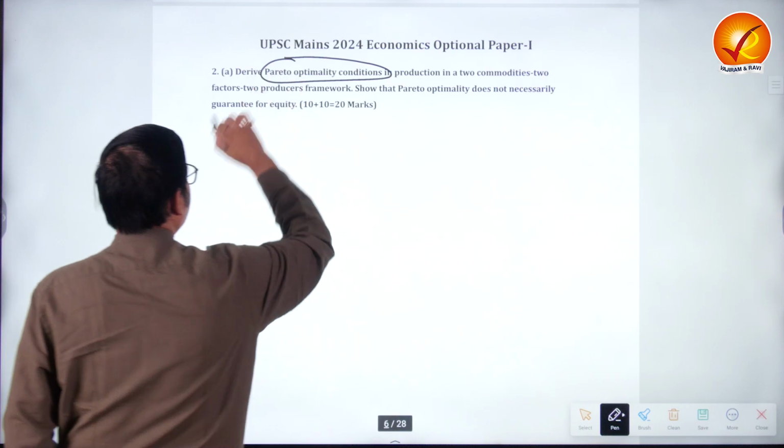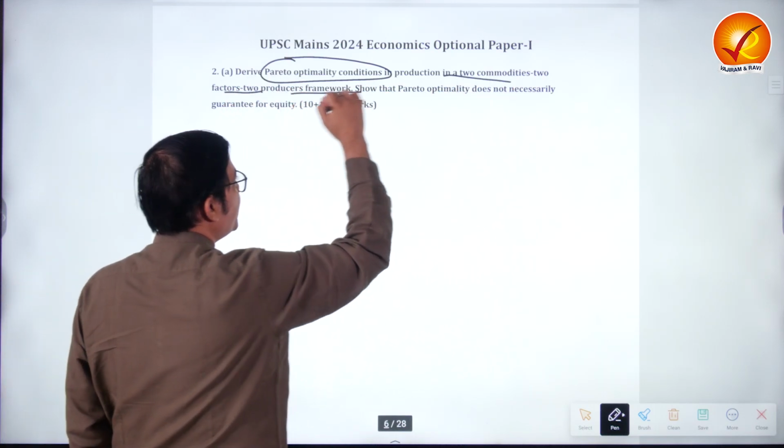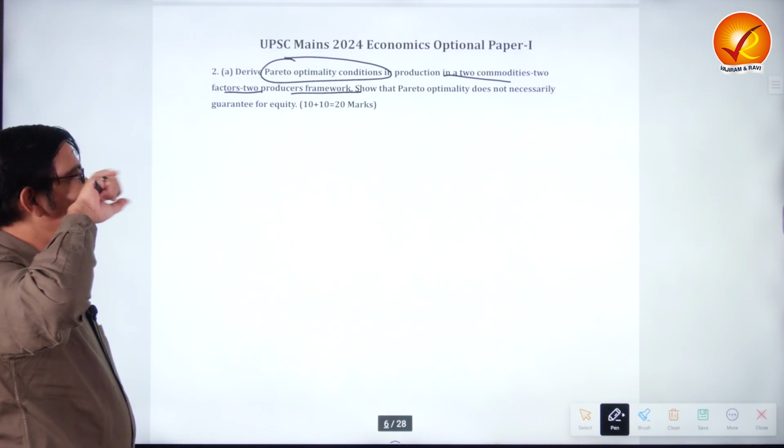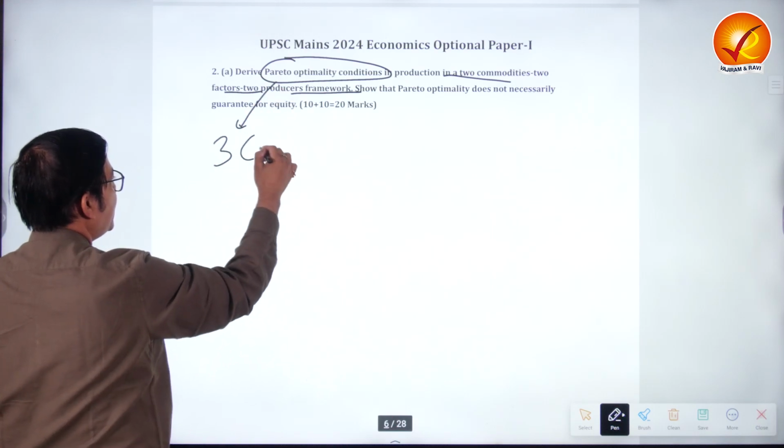Pareto optimality condition in production in a 2 commodity, 2 factors, 2 producers framework. You should have 2 things in your mind. One is, there are 3 conditions of Pareto optimality.